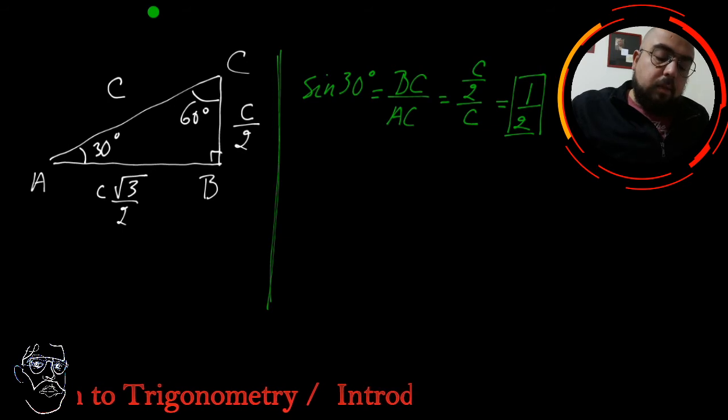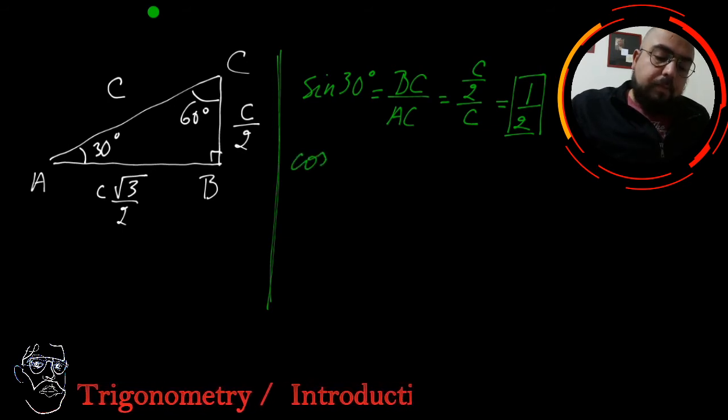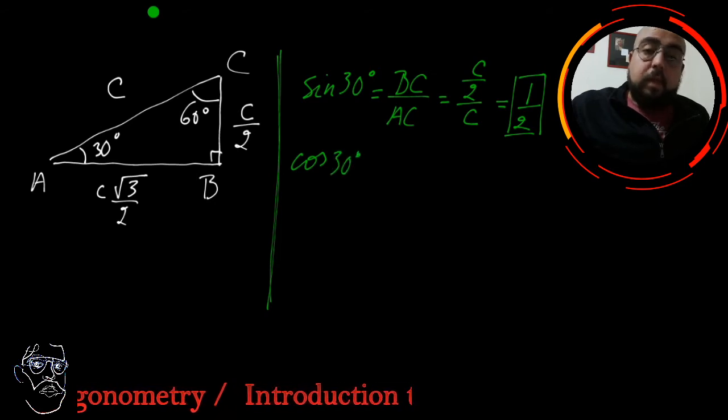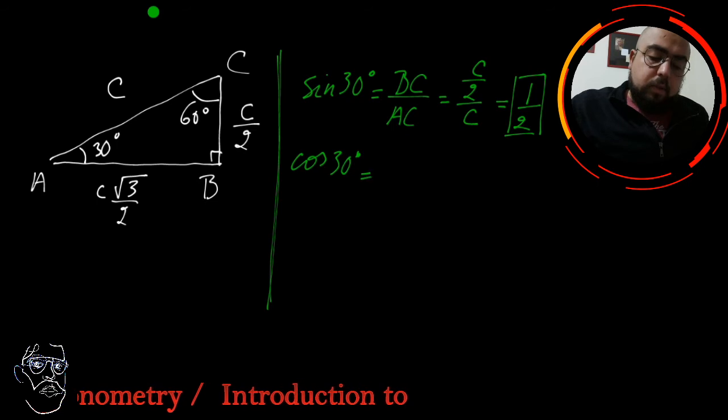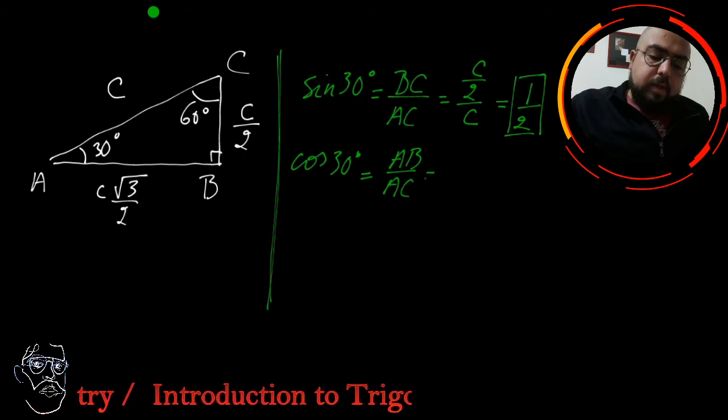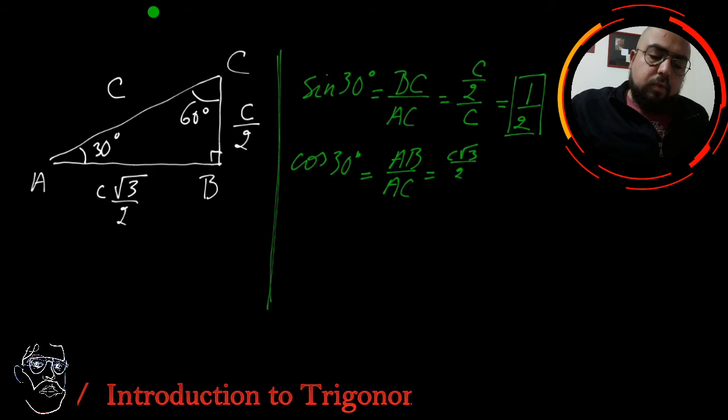Now, let's say I'm interested in talking about cosine of 30 degrees, which is, of course, in this case, the angle A. Cosine 30 is AB over AC. What is AB? AB is C square root of 3 over 2.